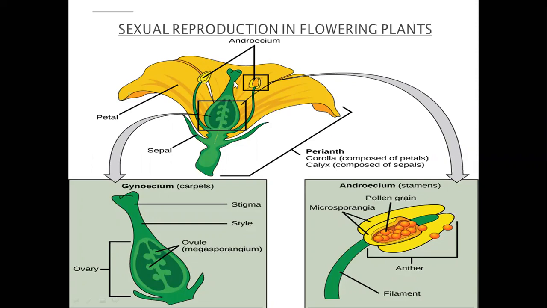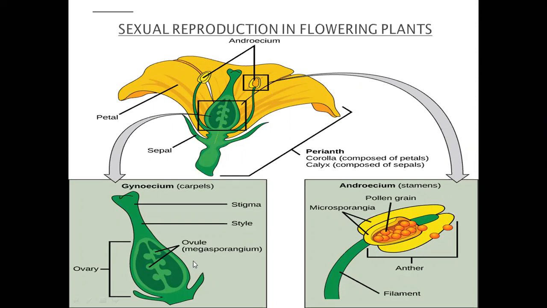So when the pollen tube helps these pollen grains meet the ovules or egg cells, this meeting of the pollen grains with the egg cells is called fertilization. Now clear? Yes, ma'am. Fertilization is the fusion of gametes. Here the egg cells are the gametes, right?